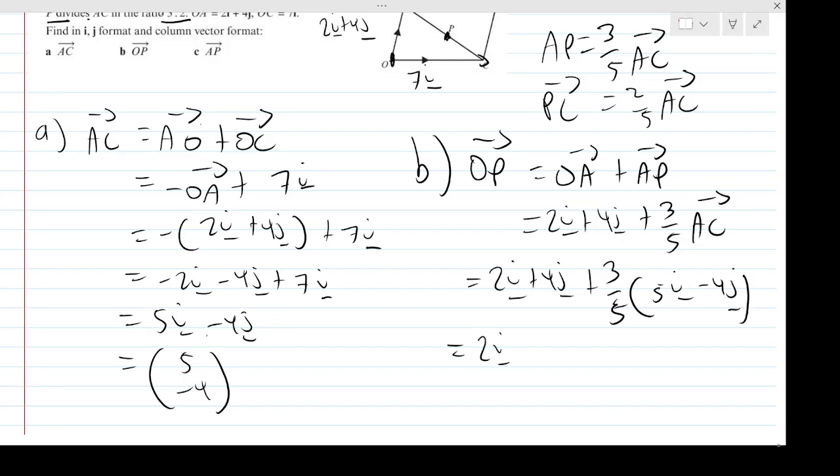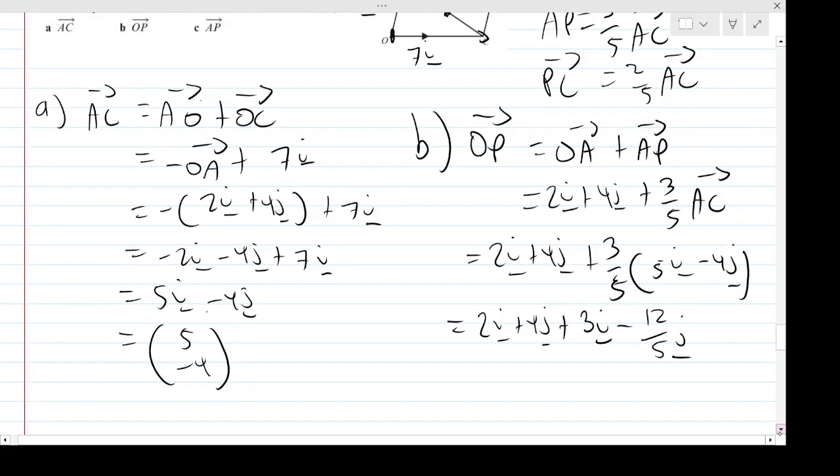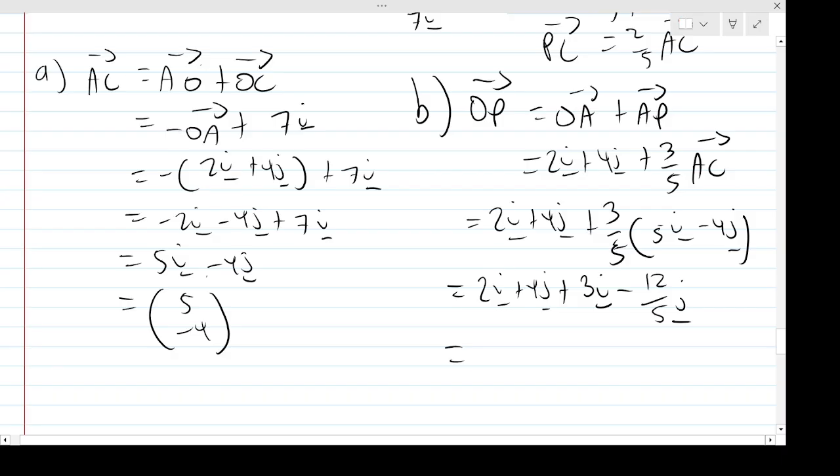And so if I expand this bracket, 3/5 times 5i, that'd be 3i. So add 3i. And then 3/5 times minus 4j would be minus 12/5 j. So then we can just add the i's and the j's, as usual. Well, 2i plus 3i would be 5i.